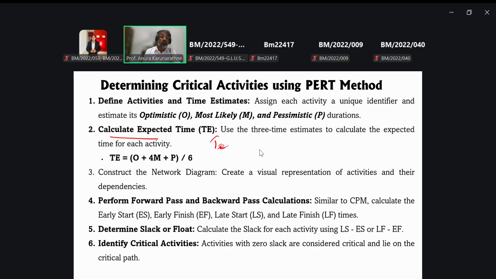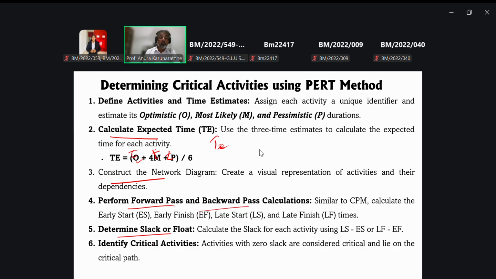Expected time equals the optimistic time plus 4 times TM plus TP, divided by 6. Then we can construct a network and go for the forward pass approach and the backward pass approach. Ultimately, we can go for the path.